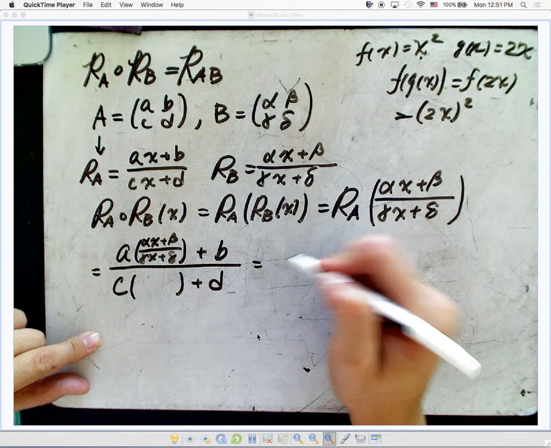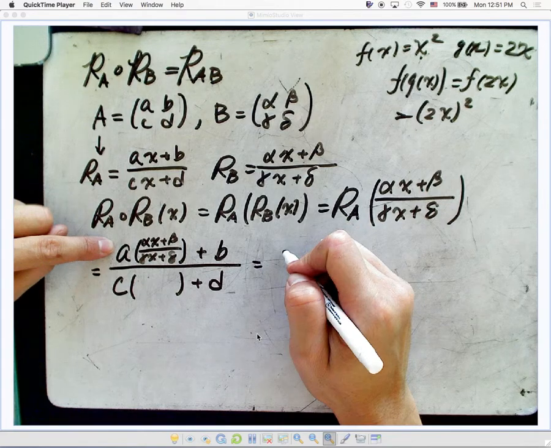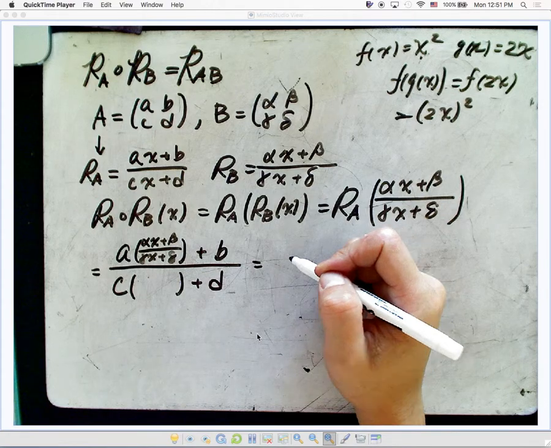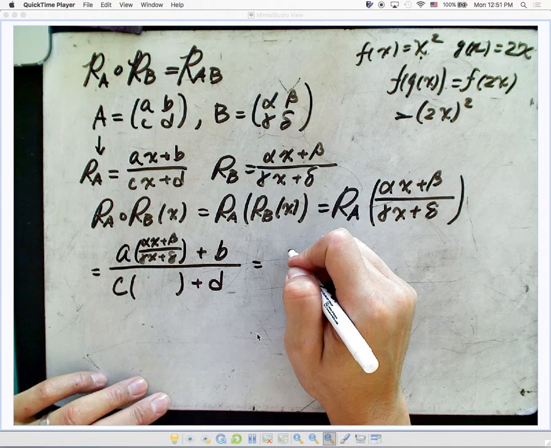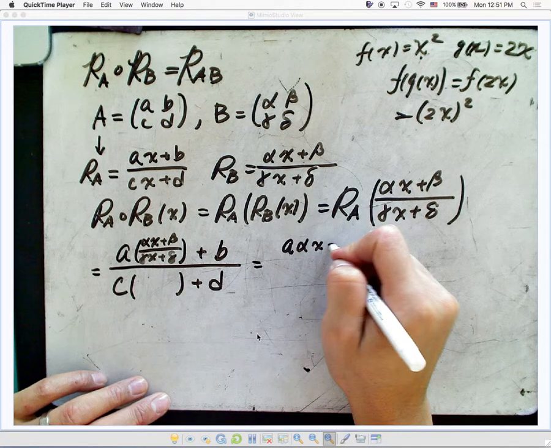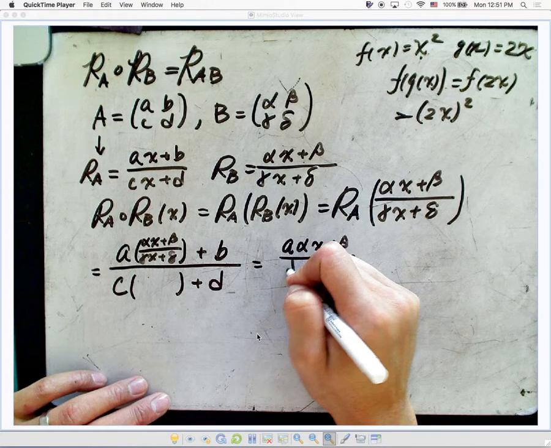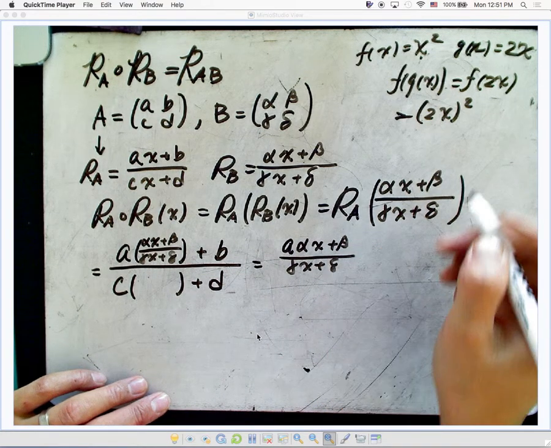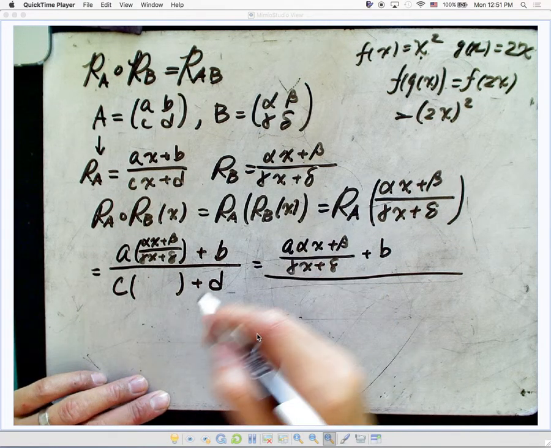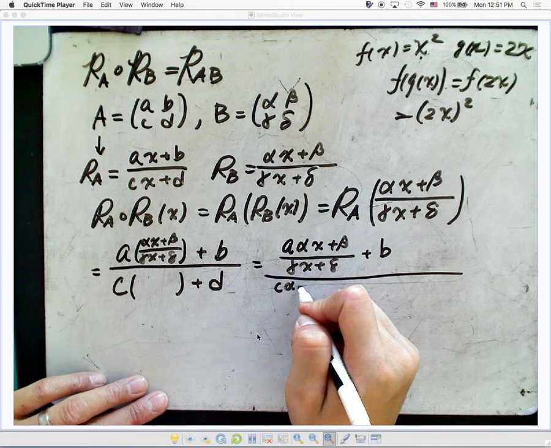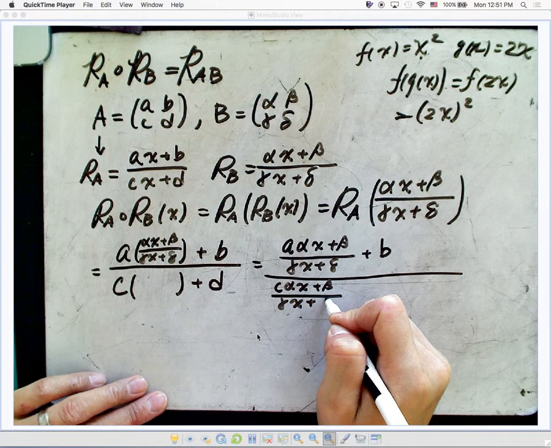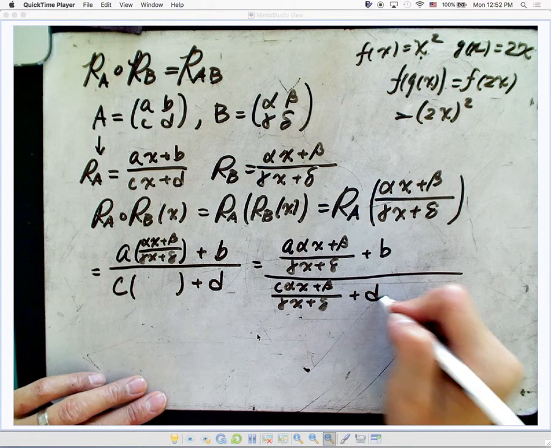If you look at the numerator part, a times (alpha x plus beta over gamma x plus delta) plus b, all over c times (alpha x plus beta over gamma x plus delta) plus d.